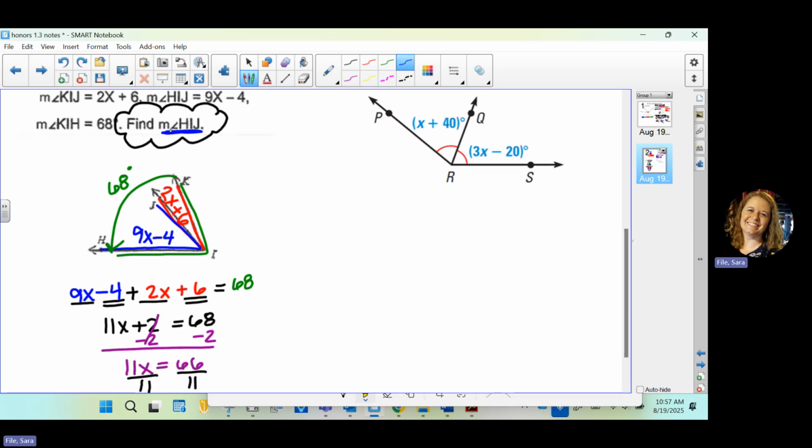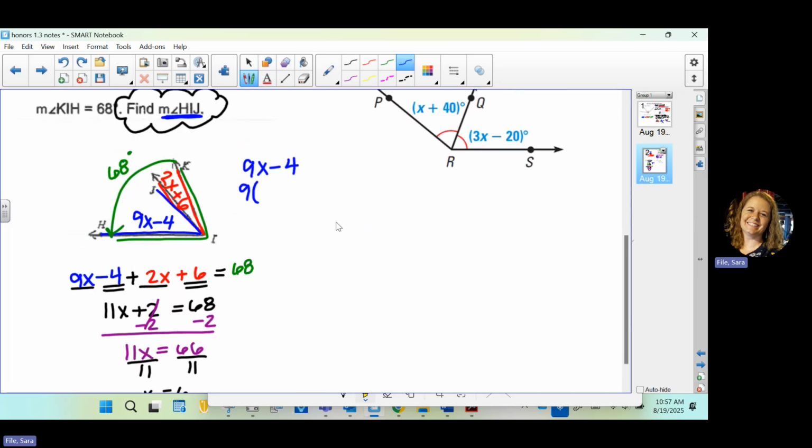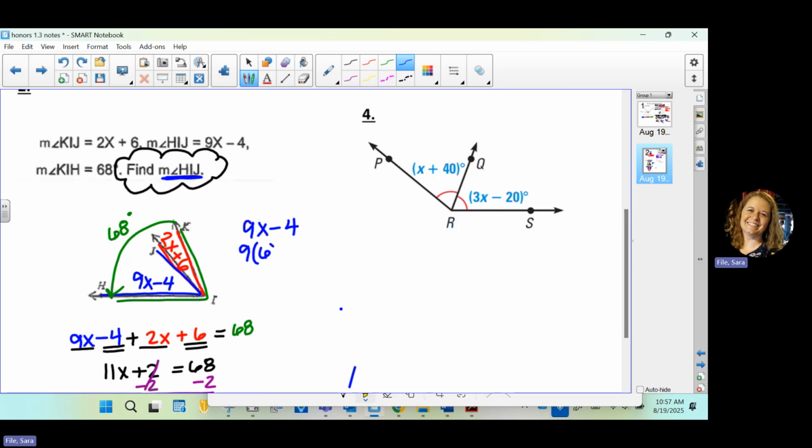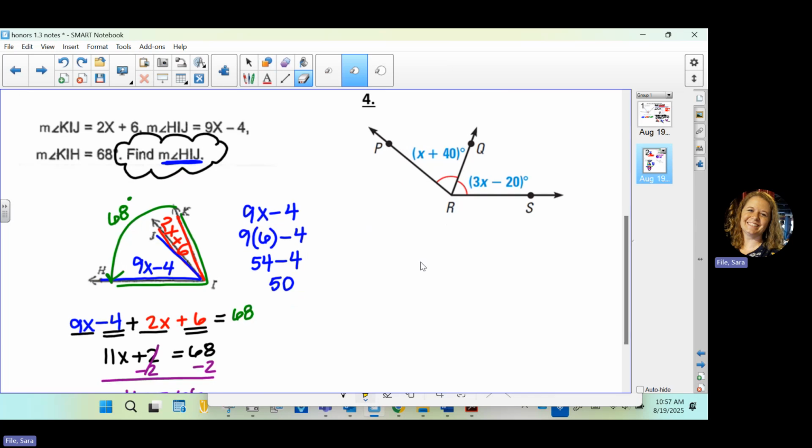So we're looking for the blue angle, that's 9x minus 4. We're going to take our value, which was, I already forgot, 6, and plug it back in. What's 9 times 6? Oh, got it. When I calculate that, it's 50 degrees.